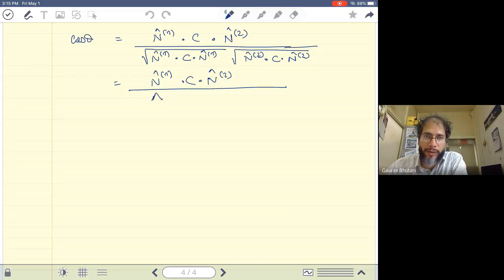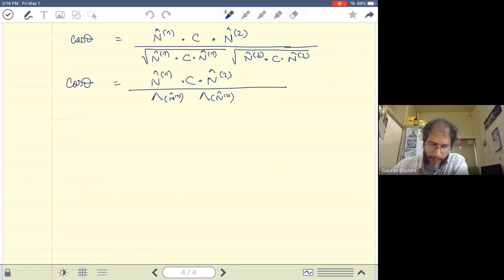So square root of NCN is nothing but lambda. So that's our cos theta. Right.